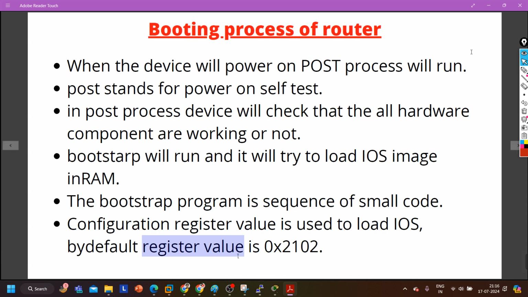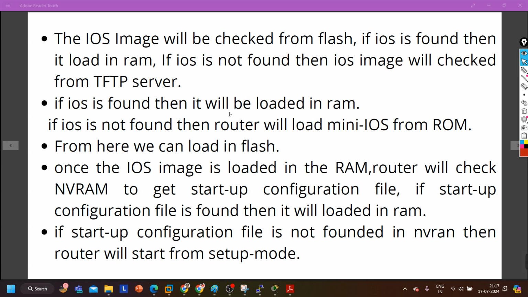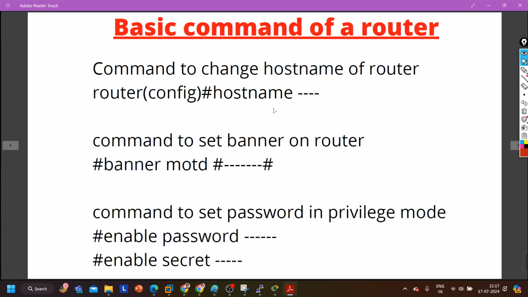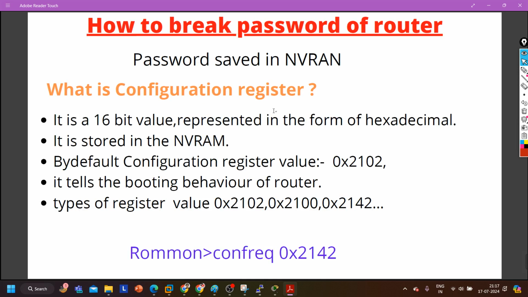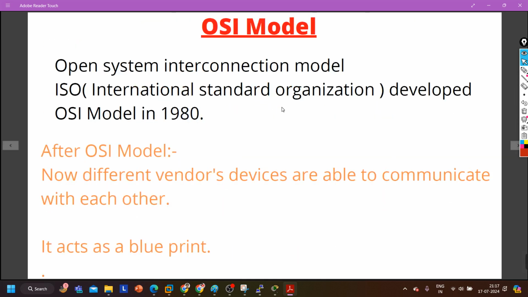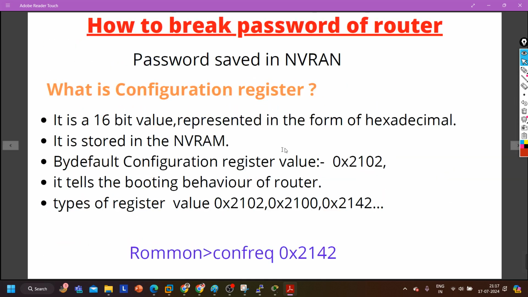So if we have this register value by default, that means the default process of the router. Where is the default behavior? Hey, 1 second, brother. I'm coming to your point.